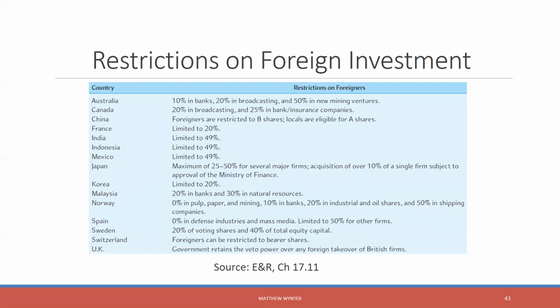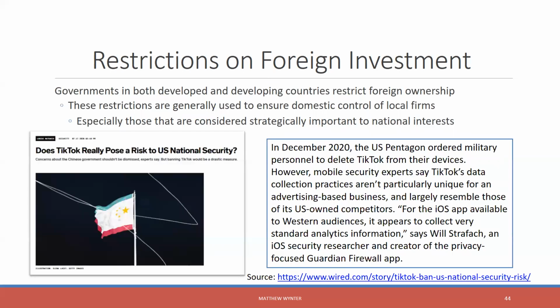Restrictions on foreign investment. As we mentioned, governments all around the world impose limits on foreign investment, and many are sector specific. So banking, defense, infrastructure, oftentimes these will be decided as areas of the economy that are strategically important or have national security interests.